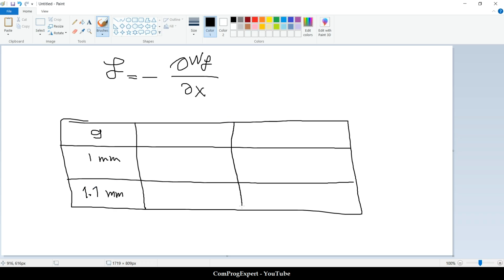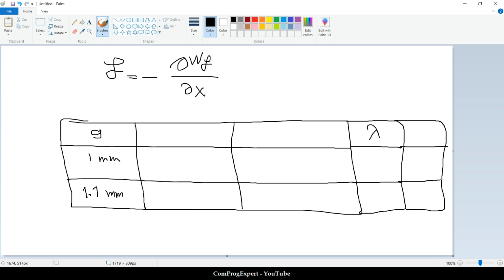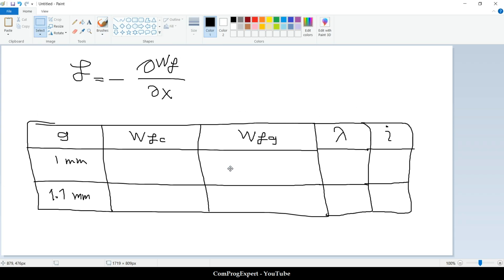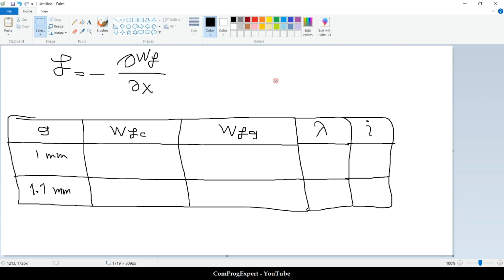And I am going to keep the value of the flux linkage constant. So in this case, we should modify the value of the current if we are going to keep the flux linkage constant, and calculate the energy stored in the iron parts and the energy stored in the air gap to calculate the force.